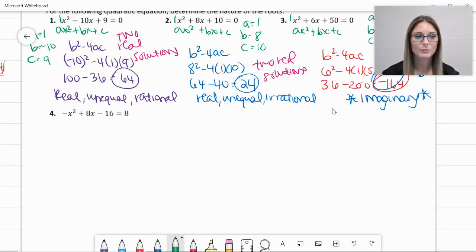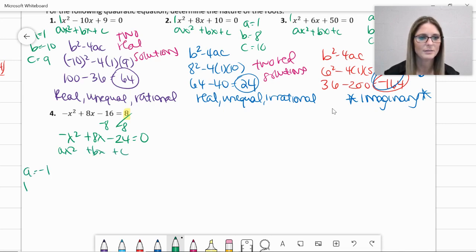All right, last one, number 4. Did you see it? We've got to set it equal to 0 first. So subtract 8 from both sides. And then ax squared plus bx plus c. My a is -1, b is 8, and c is -24.